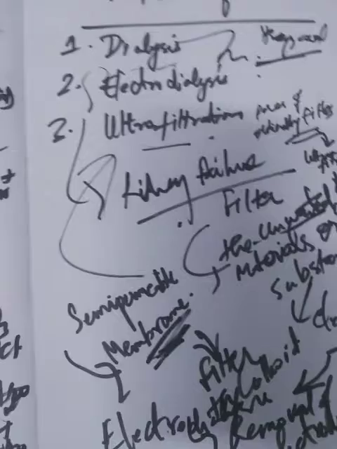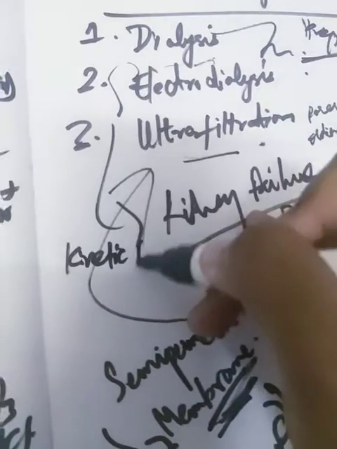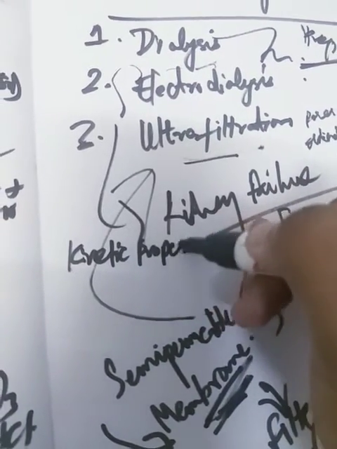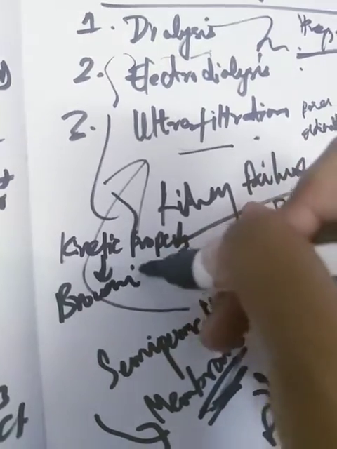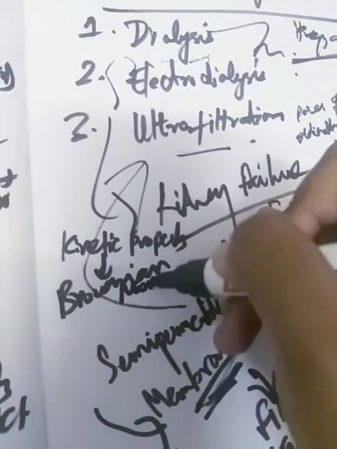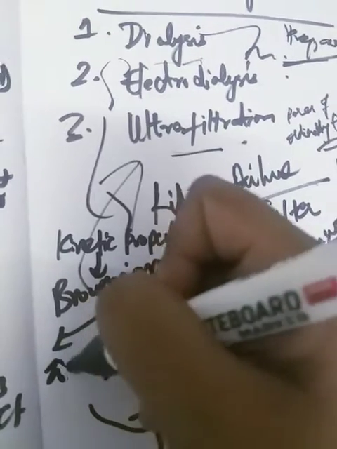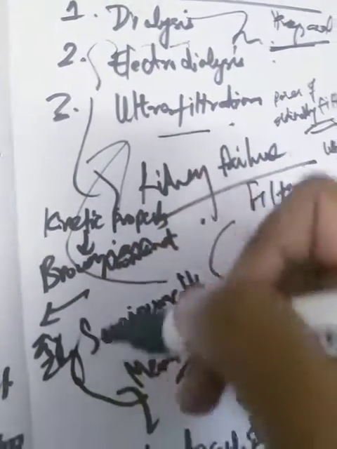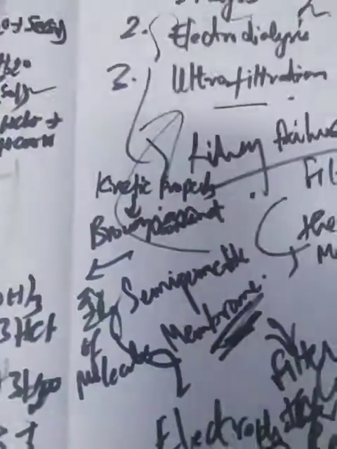When it comes to the kinetic property of colloids, there is a term called Brownian movement. Brownian movement means the zigzag movement of particles, the randomness, unstoppable.